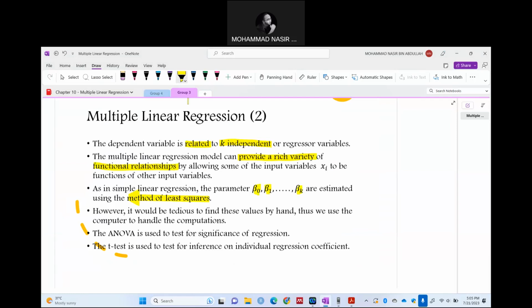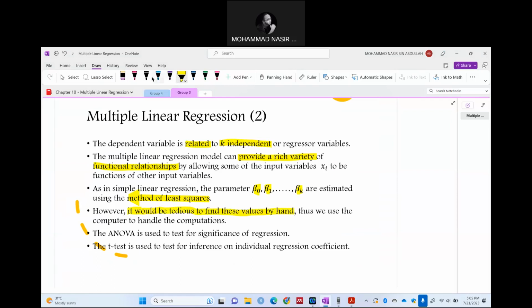The same goes for multiple linear regression. However, in multiple linear regression, it will be very tedious to find these values by hand. So we will use a computer to handle the computation most of the time.